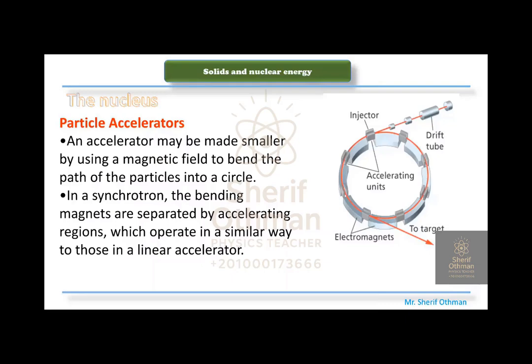As you can see, guys, we have electromagnets. These electromagnets make the particle move faster in the shape of a circle to reach a higher velocity, a higher speed, and be able to penetrate the nucleus. So the most important point in the particle accelerator is the circular path, and the field which is used is the magnetic field.